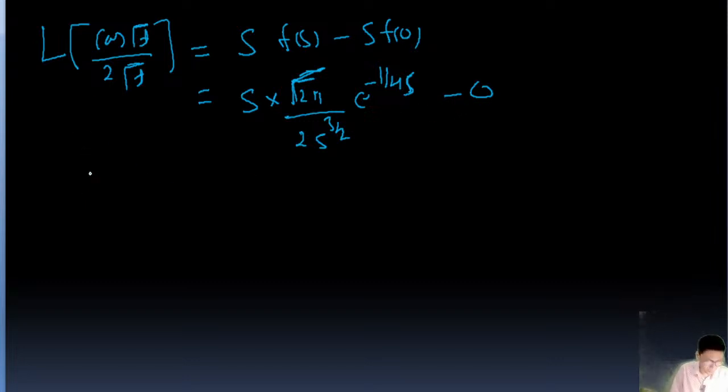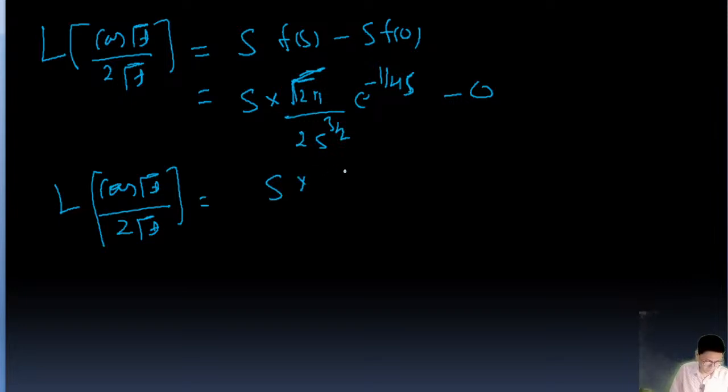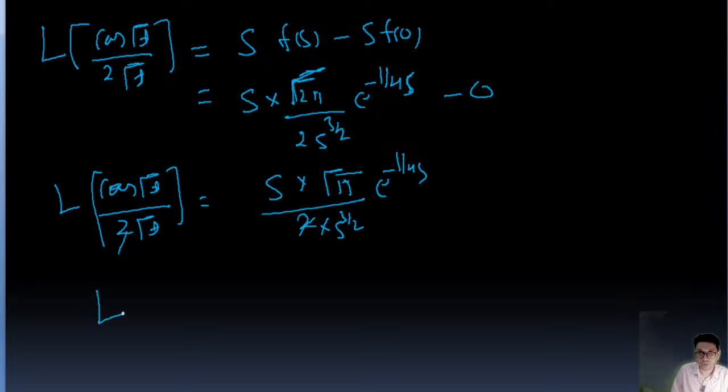So the Laplace transform of cos root t upon 2 root t is going to be s into root pi upon 2 s to the power 3 by 2 e to the power minus 1 upon 4s. The 2 will get cancelled, these are constants. So the Laplace transform of cos root t upon root t.